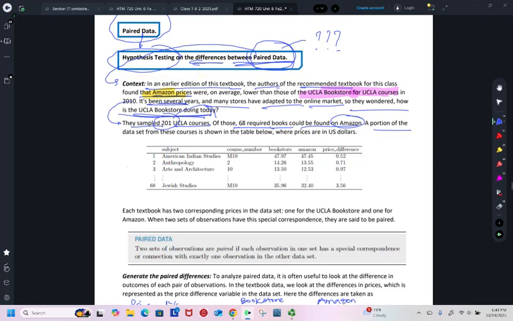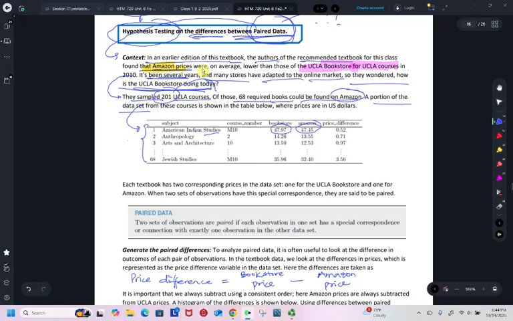A portion of the data set from these courses has been given. For the first course, American Indian Studies, at the bookstore it cost $47.97. On Amazon it cost $47.45. And we have collected data on 68 such books.